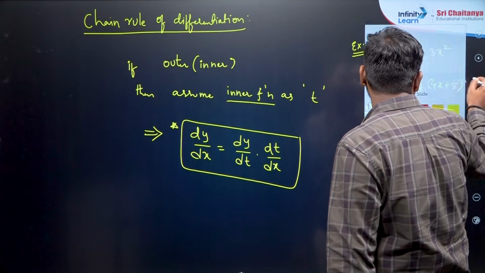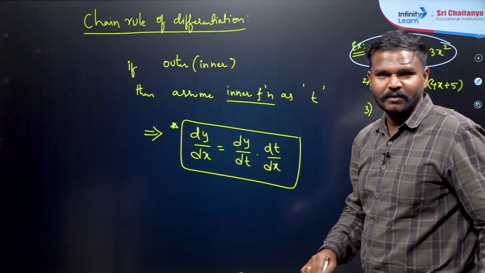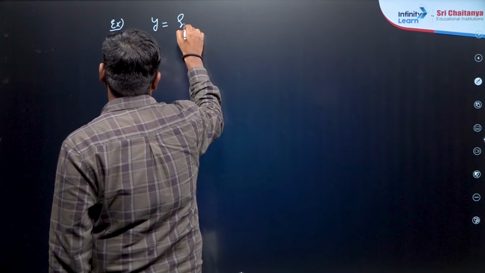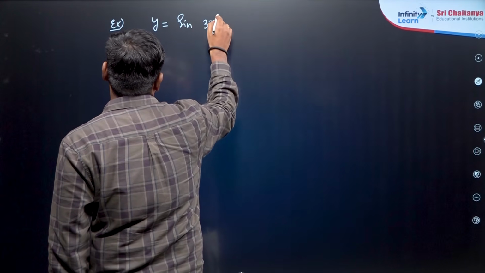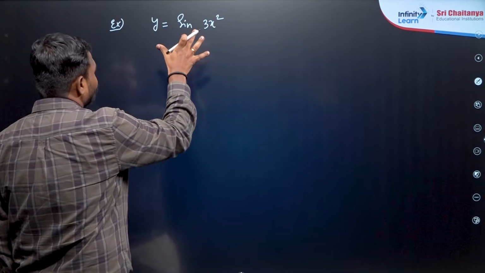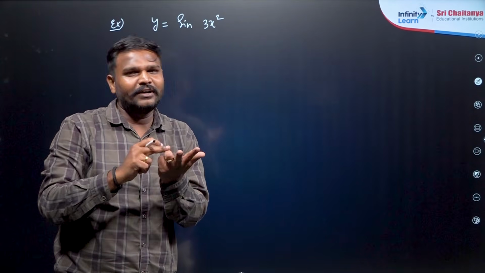Let us focus with example number 1. Understood? What is the example? Y is equal to sine 3x square. So normal differentiation I can't do, first thing. So I have to do chain rule.